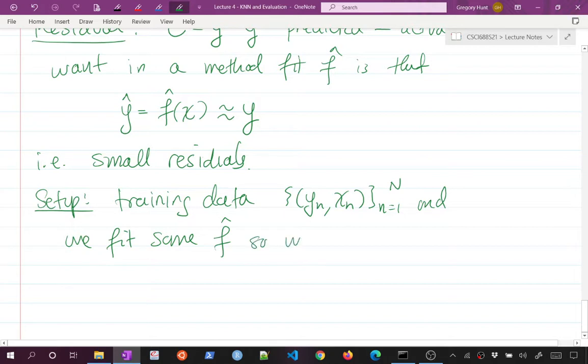So we can summarize the residuals in a couple of different ways.